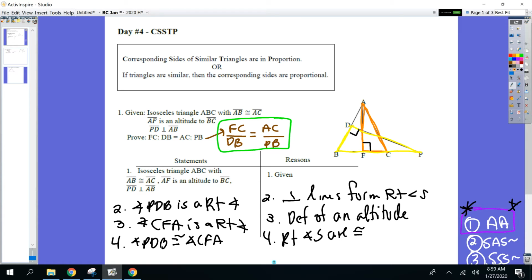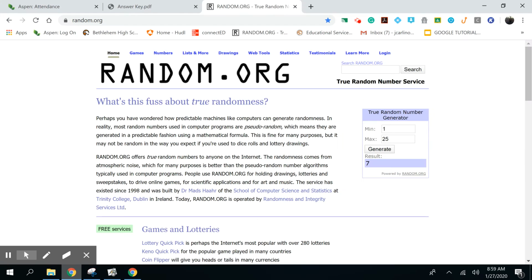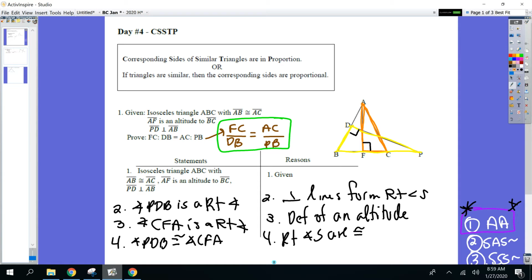Remember, we had not touched the fact that this thing was isosceles yet. Where's the other pair? Everyone good there? Those two? Angle B and angle ACB.